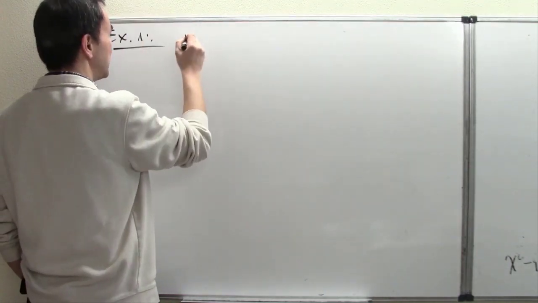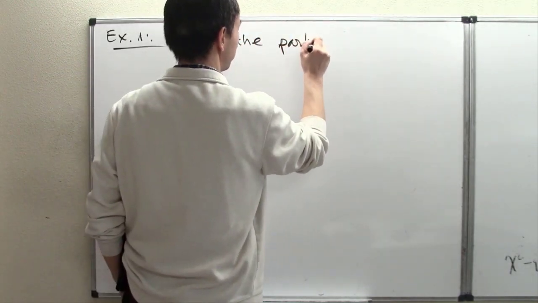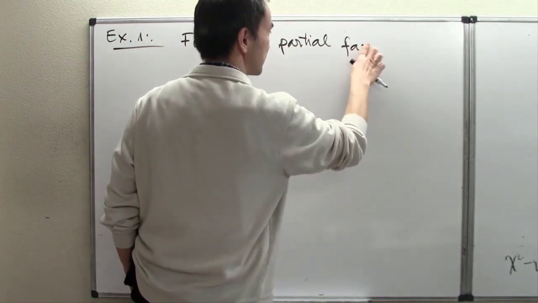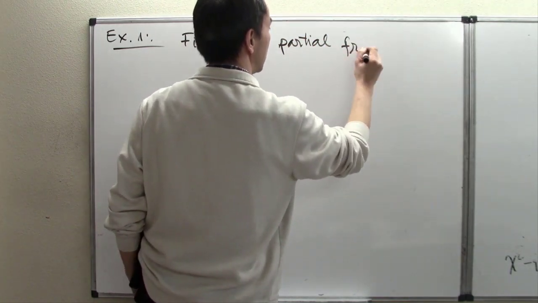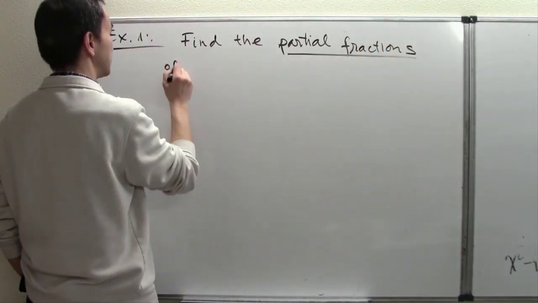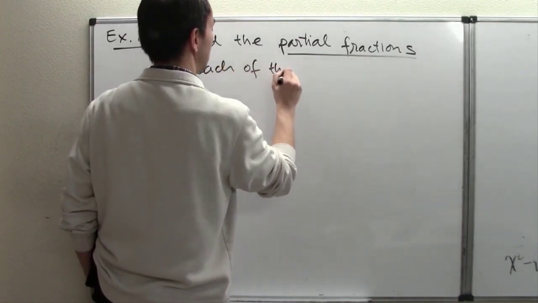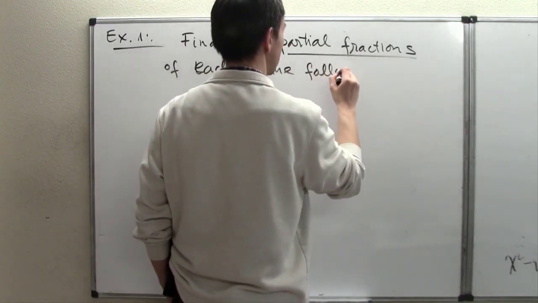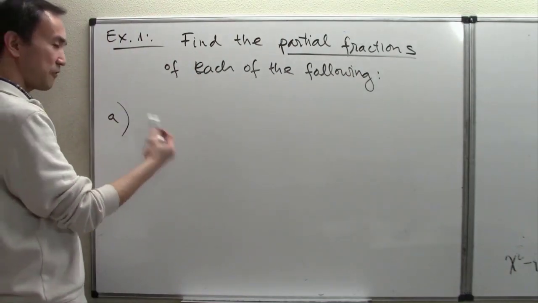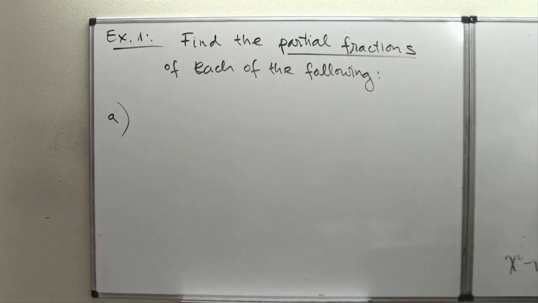So I'm just going to say find the partial fractions of each of the following. All right, let's look at part A right here. I'm not doing an integration problem, just looking at a fraction.